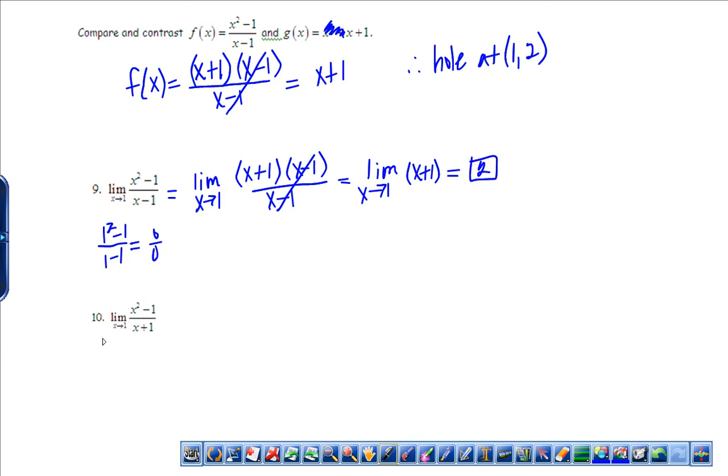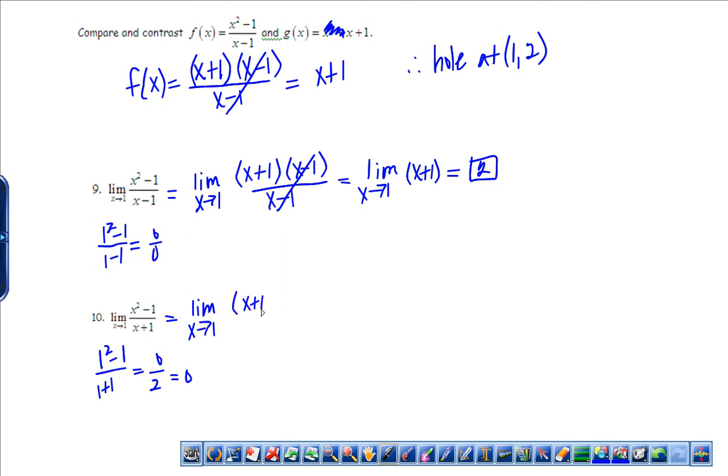Okay, the same here. You can plug it in if you don't already recognize this one. Plug in 1 squared minus 1 and 1 plus 1. So you get 0 over 2 and a 0 on top. Still, this is going to be a discontinuous function. So I'm going to continue this and figure out that I have a hole.